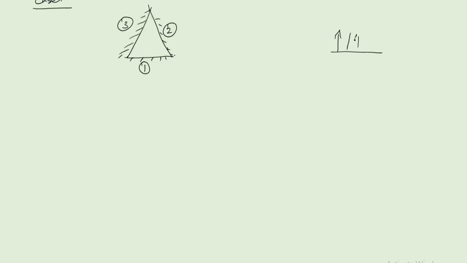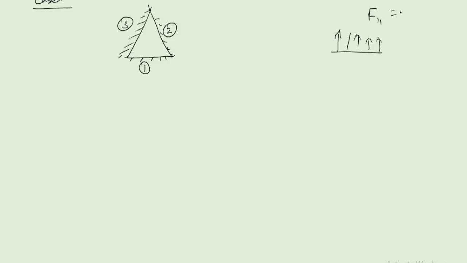In case 2, the thing is like this. So the outer surfaces are insulated. Okay, I am going to take this as surface number 1, this as surface number 2, this as surface number 3. Since it is a flat surface, the energy emitted from this surface will go in this direction, and there will be no chance of F11 being a number.